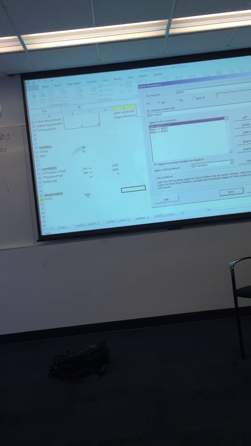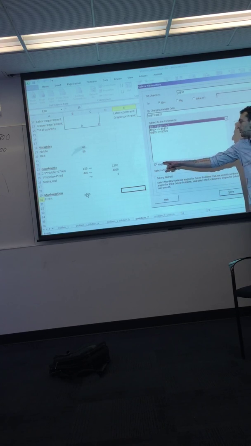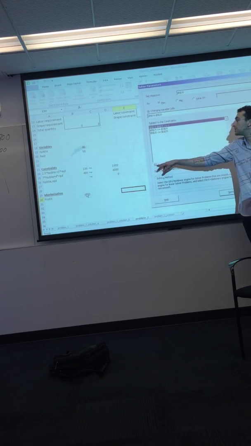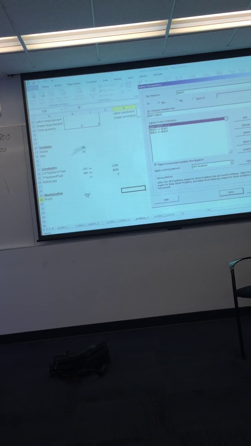There is something that's called make unconstrained variables non-negative. You just choose it. It will not be negative. Okay, I'm running it.